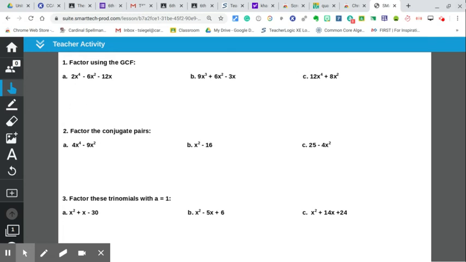So when you look at these, you want to find a greatest common factor first. Okay, so in the first one, there is a 2, a 6, and a 12, right? And the greatest common factor of those three numbers is 2. So we're going to write down 2.